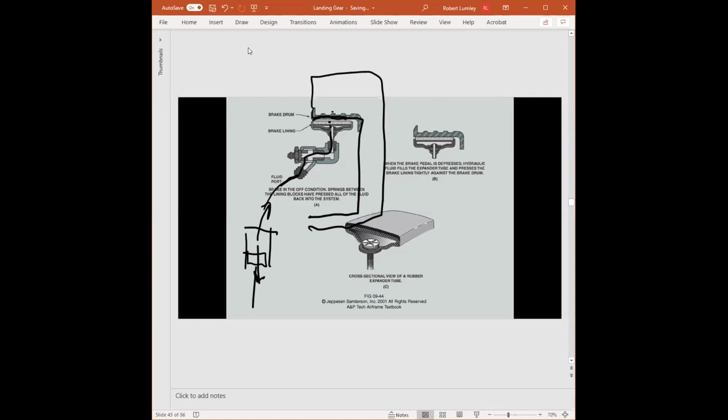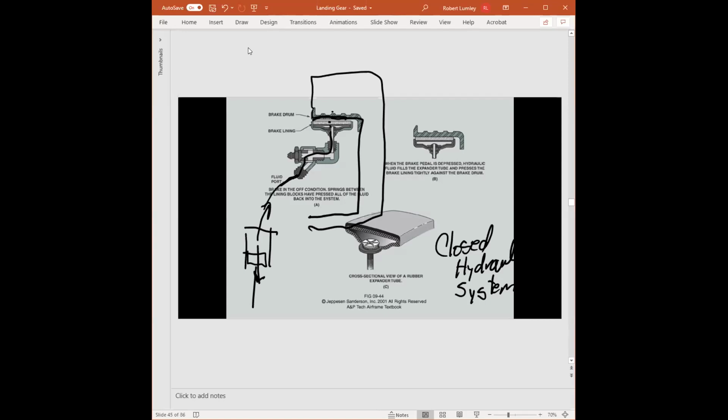This, by the way, is known as a closed hydraulic system. Now, the problem with a closed hydraulic system is that it's not vented to the atmosphere. And so a problem developed. Remember how we said that we can't compress hydraulic fluid? We can push on it, but we can't make it smaller, meaning compress it.